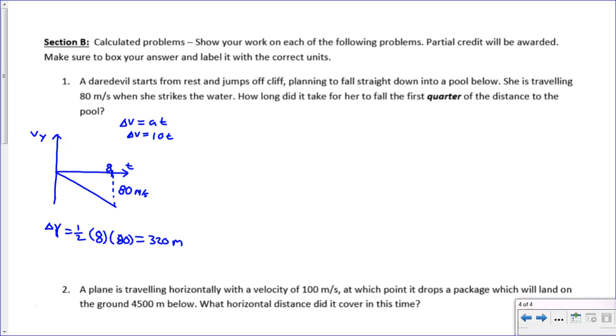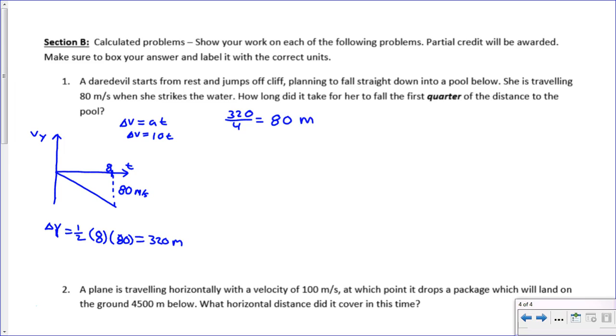All right, that's the total distance that the person is going to fall. Now, it says how long does it take her to fall the first quarter of that distance. So what we want to do is figure out how long it takes her to fall 80 meters, because 80 is 1/4 of 320. We say 320 divided by 4, and we get 80 meters.